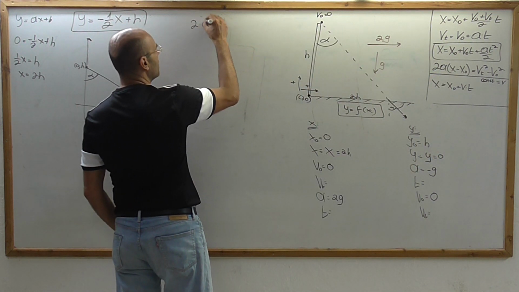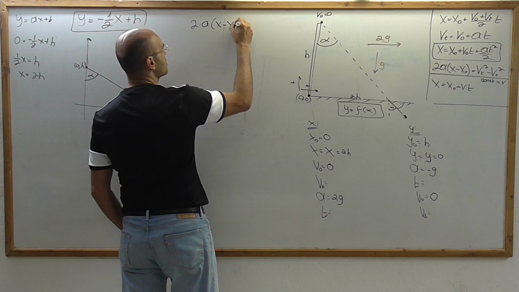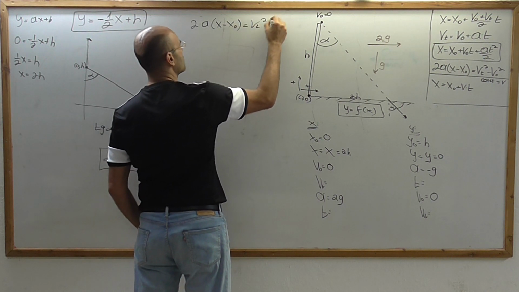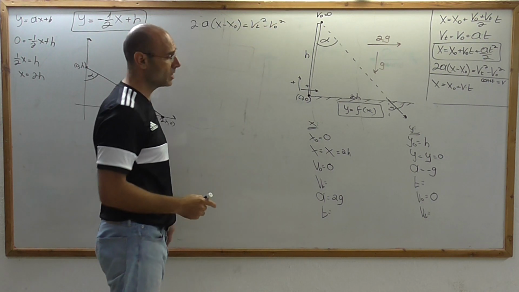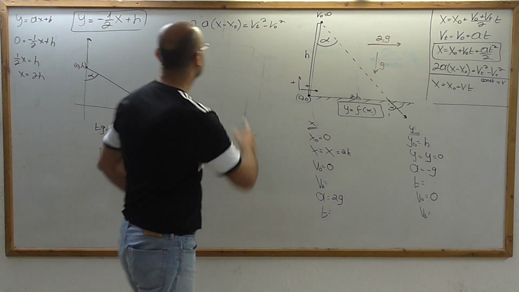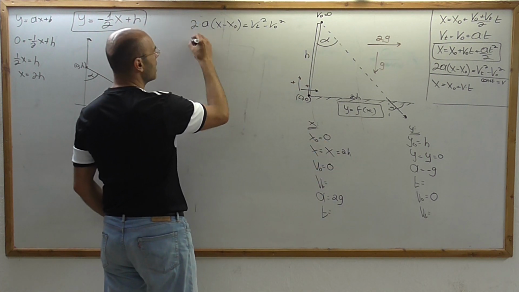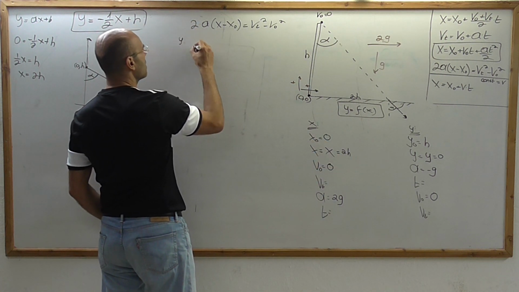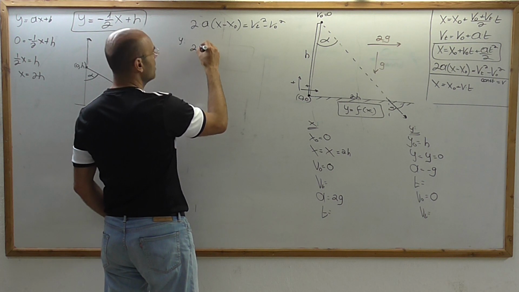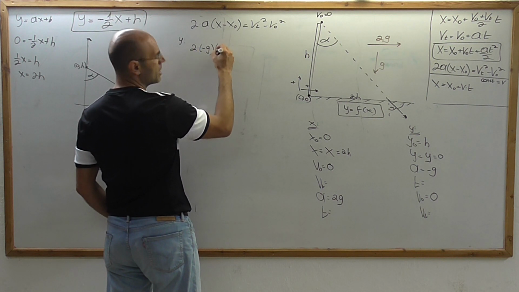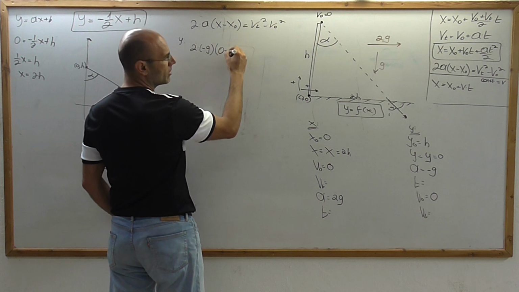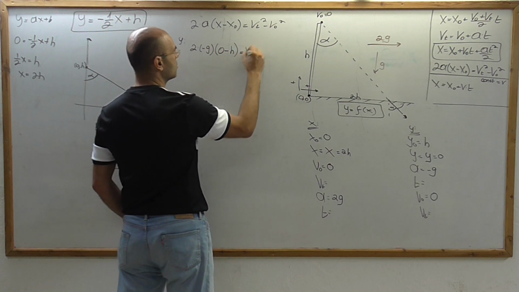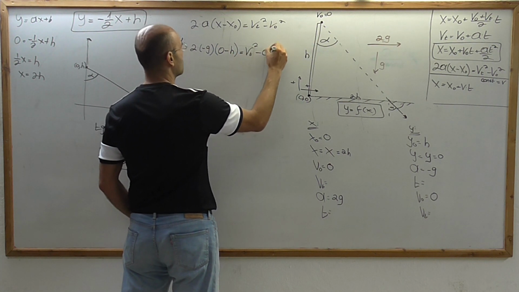2 multiplied by a multiplied by x minus x0 equals vt squared minus v0 squared. I can use also this one, and then I don't need a t. So if I work with the y axis, I'll get 2 multiplied by minus g multiplied by 0 minus h equals vt squared minus 0 squared.